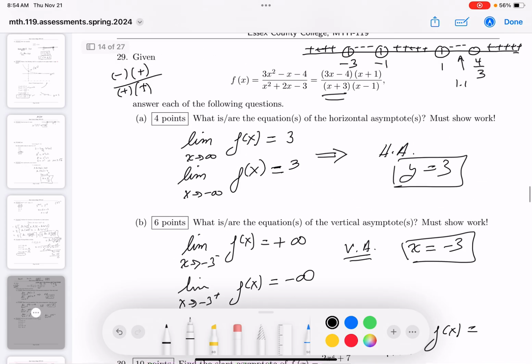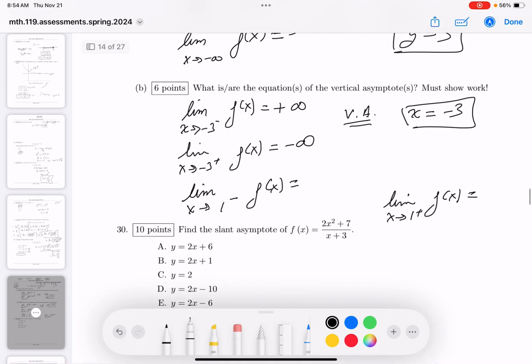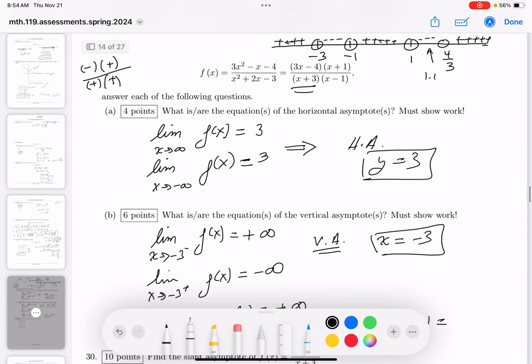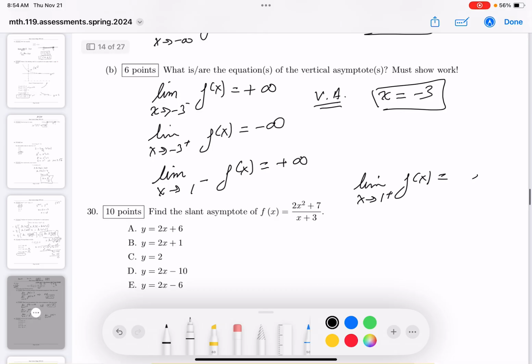So 1 from the left is positive, that's infinity. And 1 from the right, look up here, is negative. That's going to be minus infinity. So this tells me there's another vertical asymptote, and that's going to be x equals 1. So two vertical asymptotes, x equals minus 3 and x equals 1.